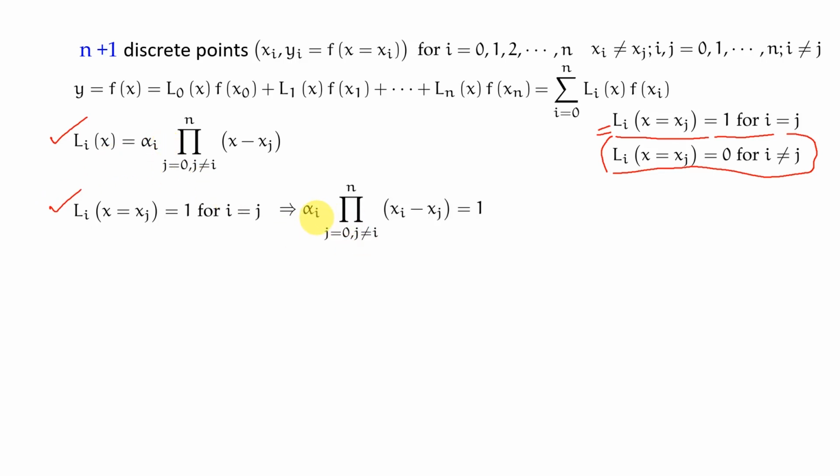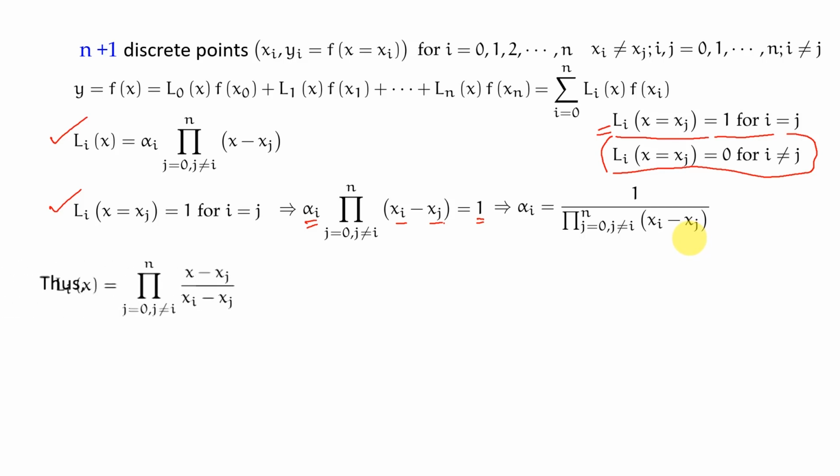So let us see. This is alpha i, and in place of x, if I write xi, then alpha i and a product of (xi minus xj) will give me 1. Of course, j cannot be equal to i. And this means that alpha i equals 1 by the product of (xi minus xj).